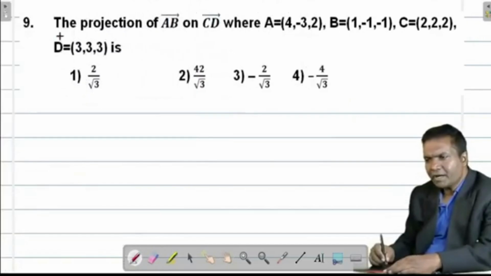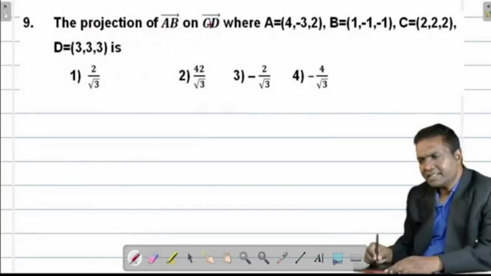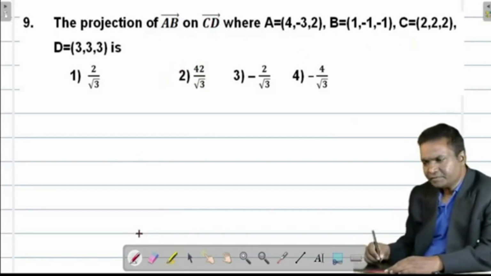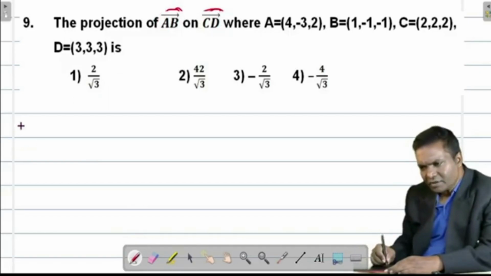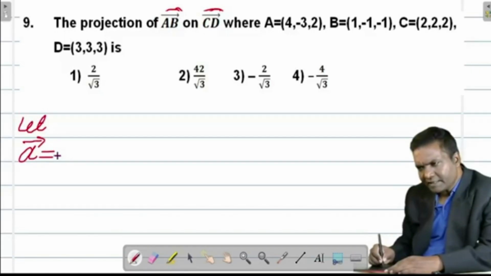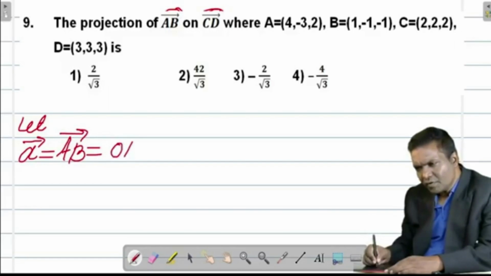Here is question number 9. The projection of vector AB on vector CD is asked, where A, B, C, D are given. Now see here, you need to find what is vector AB and vector CD first. So let us call vector A as vector AB, and you know how to find vector AB, that is OB minus OA.